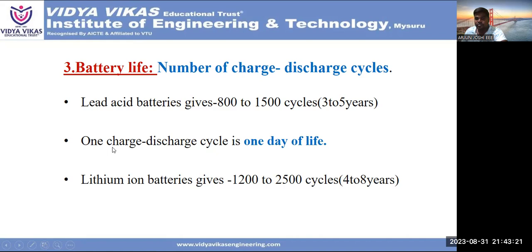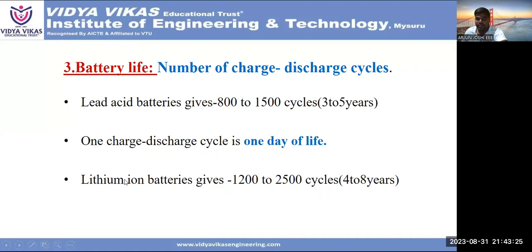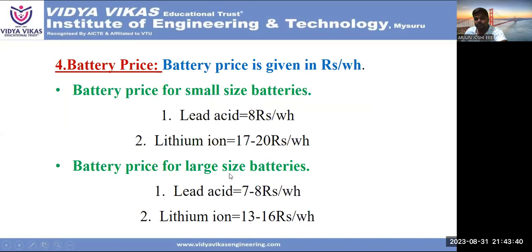One charge and one discharge is one day of life. A lithium ion battery gives 1200 to 2500 cycles, which is more life compared to lead acid, about 4 to 8 years of battery life.